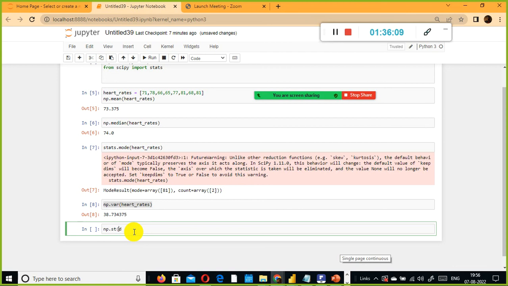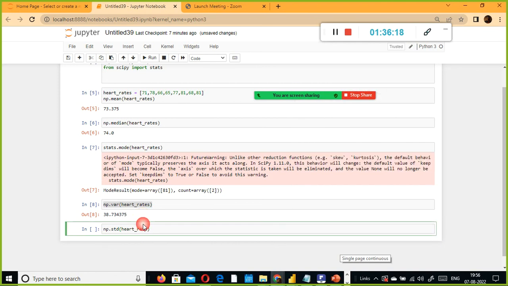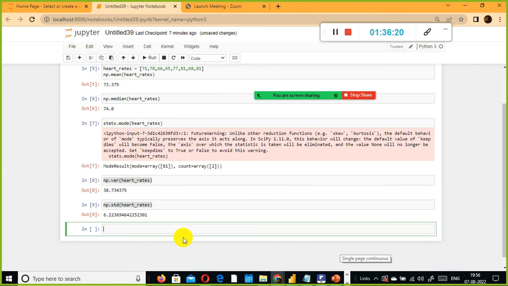This is the variance, all the things, and you have something called percentile, right? If I want to see the 50th percentile, you have np.percentile, heart rates, comma 50. What is the median value? 74, right?